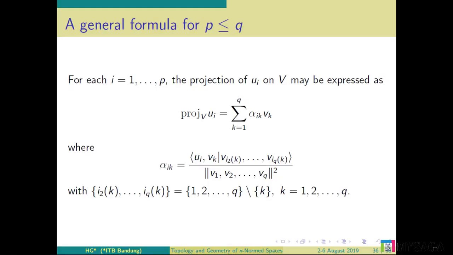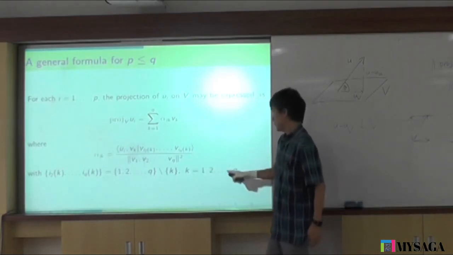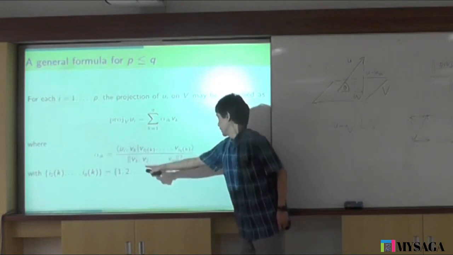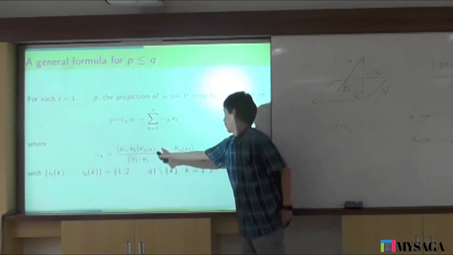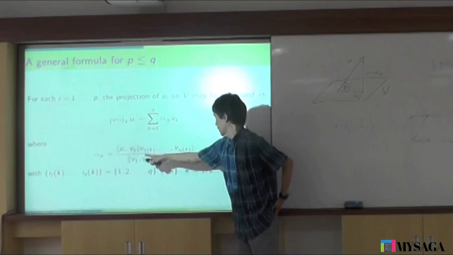From Cramer's rule, an inner product on top, an inner product on top, and a norm at the bottom. And these are the indices. The indices are all from 1 to Q except K. So that's what that means.